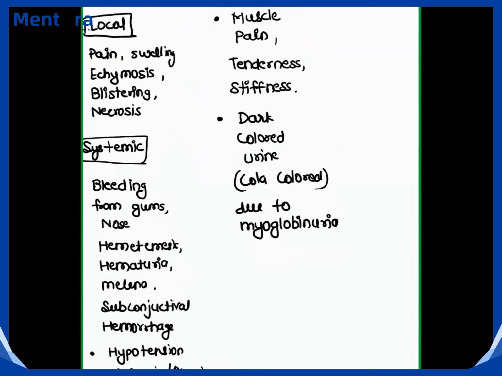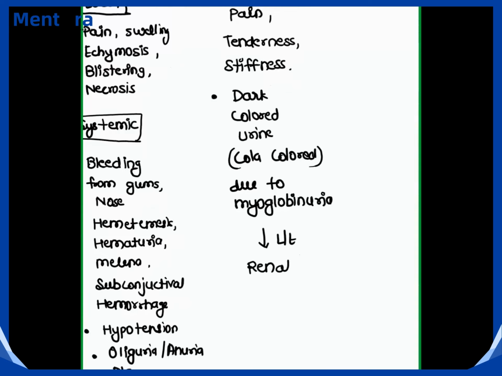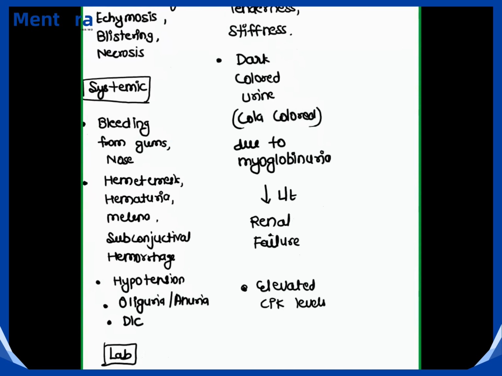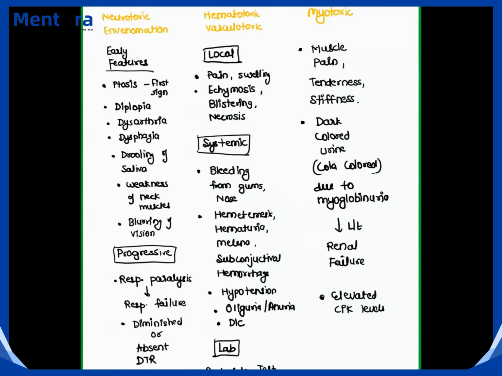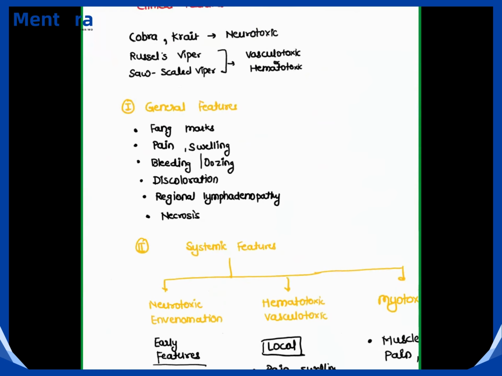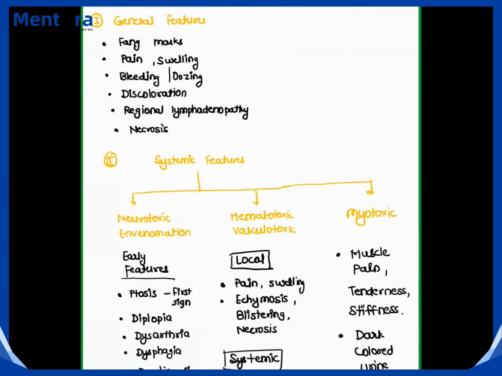And this myoglobinuria also leads to renal failure. There is elevated CPK levels in the blood. So these are the clinical features of snake bite and envenomation. Depending upon the type of the snake bite, the features can be neurotoxic, vasculotoxic or hematotoxic, and myotoxic.